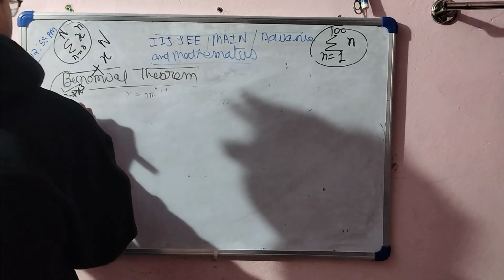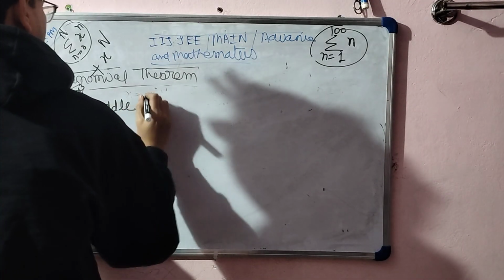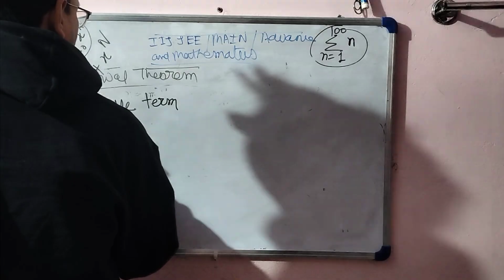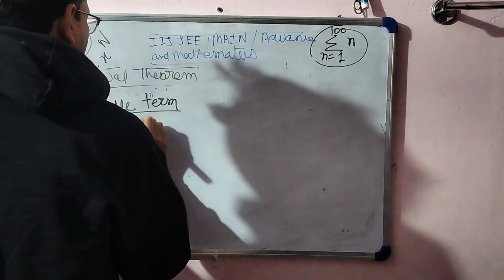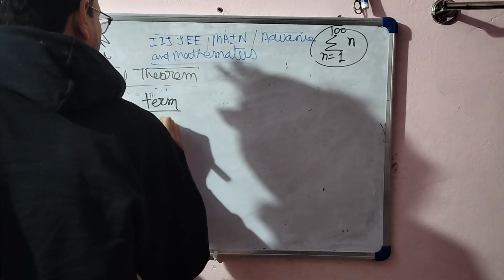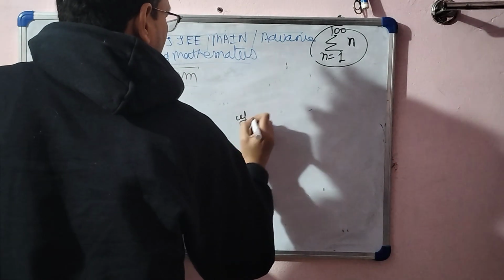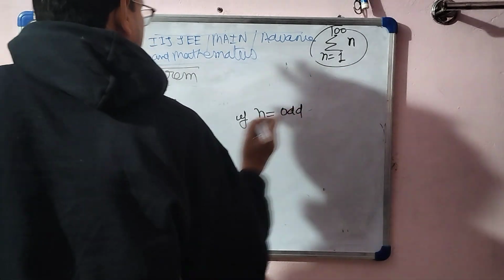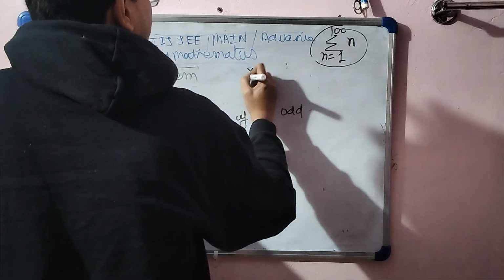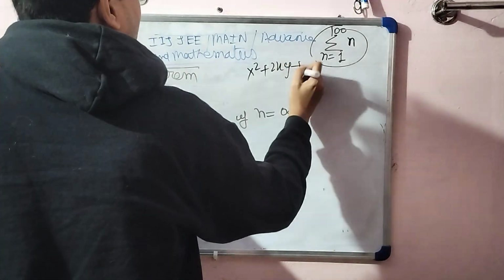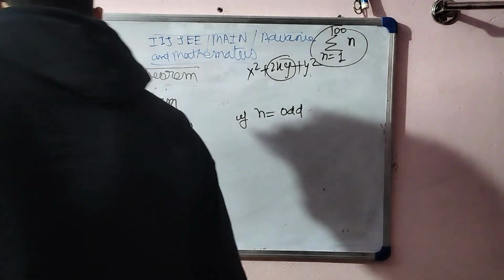Second is the middle term. Middle term means: if n equal to even, then one middle term; if n equal to odd, then two middle terms. We can say x square plus 2xy plus y square: the middle term is 2xy.